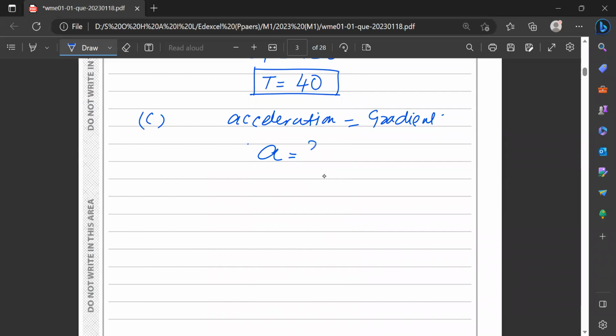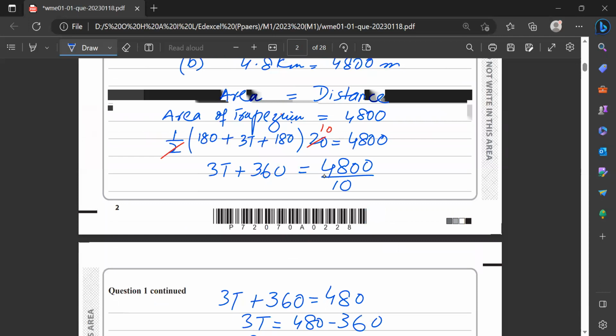So a is equal to 1 over 2. So acceleration is 1 over 2 meters per second square. This was question number 1.